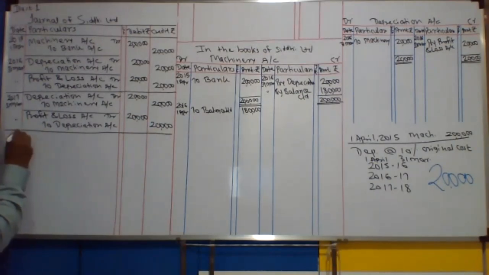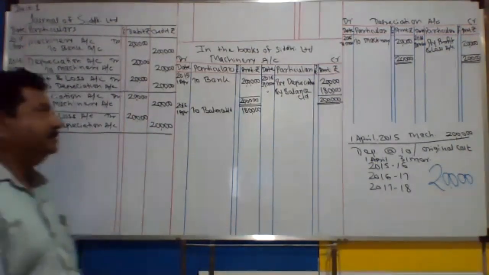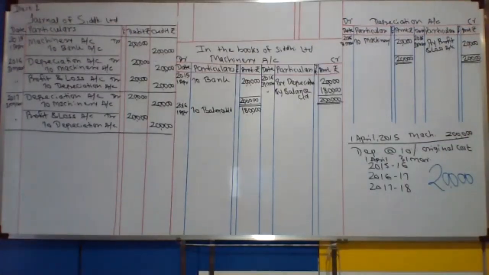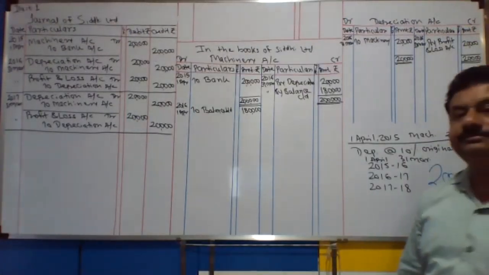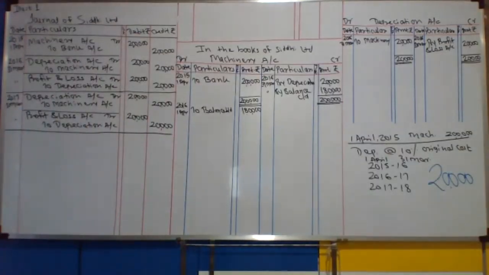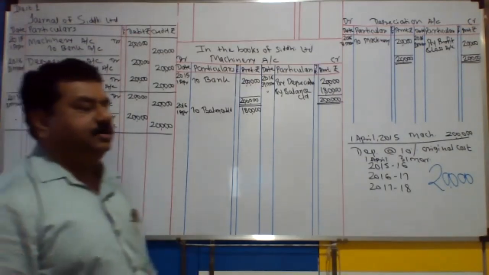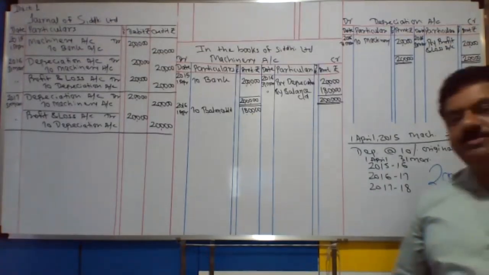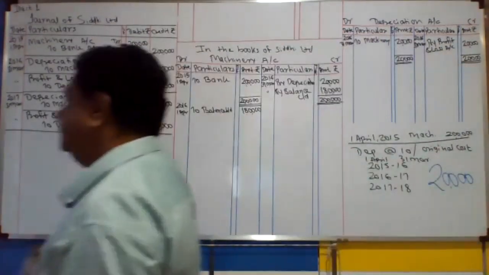Second year is now finished. Narration: being depreciation transferred to profit and loss account.